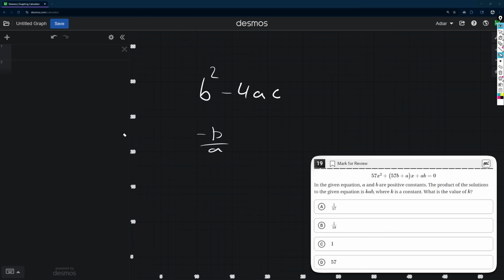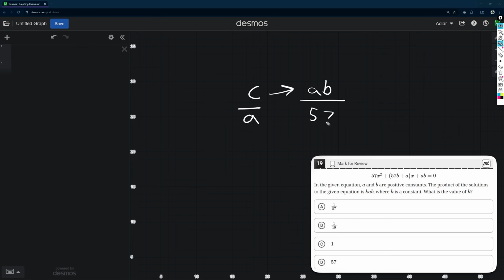And one more that we should know is the product of solutions. The product of solutions is super easy. It's c over a. And looking at our quadratic, our c is ab, and our a is 57. So our product of solutions is ab over 57.